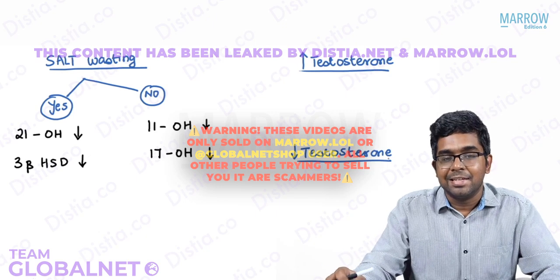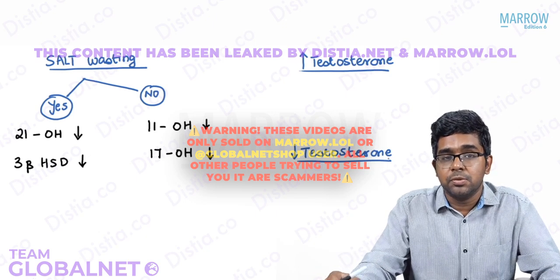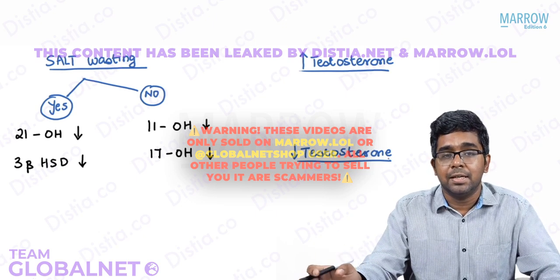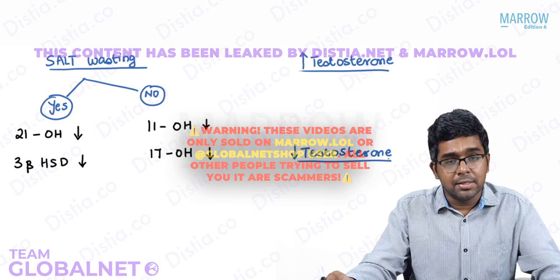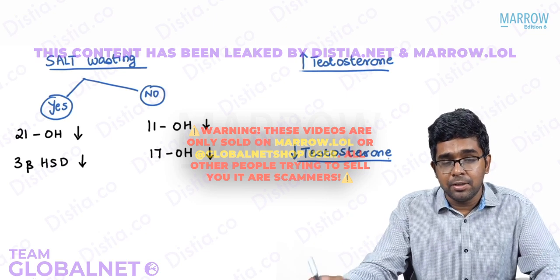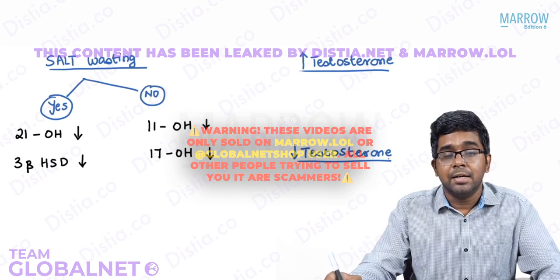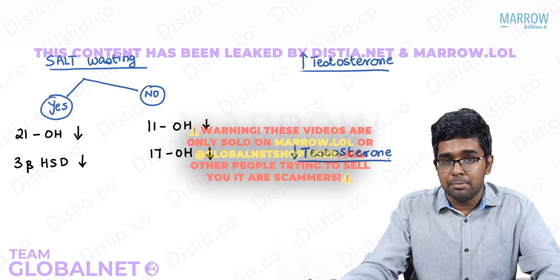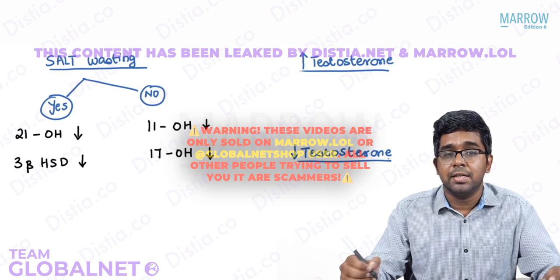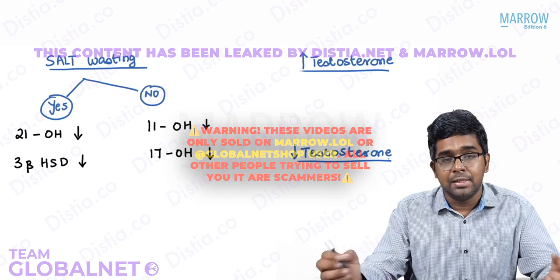It will be like this. Increased testosterone, the manifestation would be given as precocious puberty in a male or ambiguous genitalia in a female. Decreased testosterone will be given as a normal genitalia in a female baby, whereas it is under virilized genitalia in a male baby. Rarely, it can also be associated with ambiguous genitalia in a male baby in case of decreased testosterone.